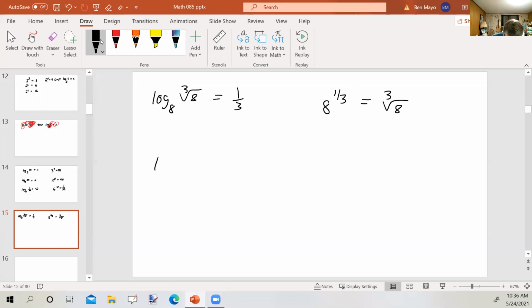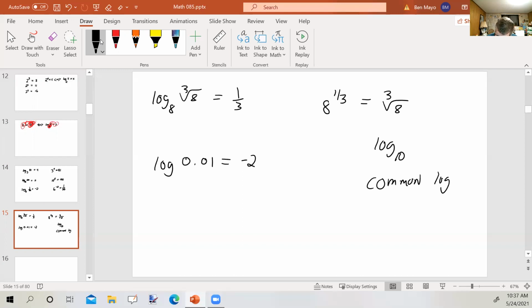How about this one? Log of 0.01 equals -2. There's something missing here. There's no base written. Well, log base 10 is used quite frequently in mathematics, so frequently that it's referred to as common log. Mathematicians like to use shortcut notation, so when it's log base 10, they don't bother to write the base.